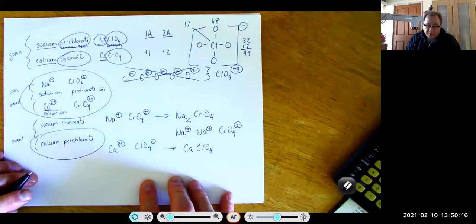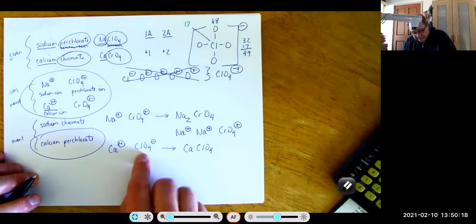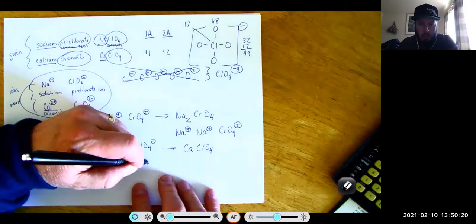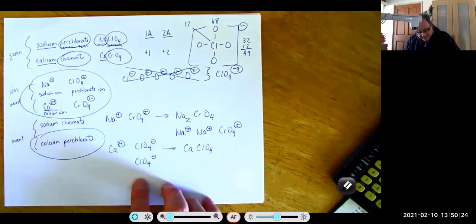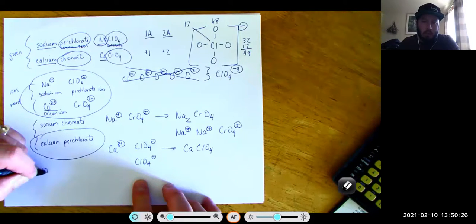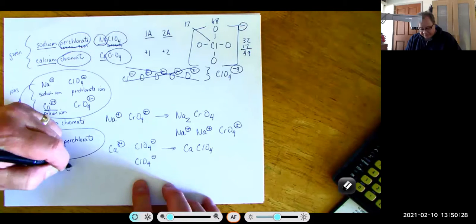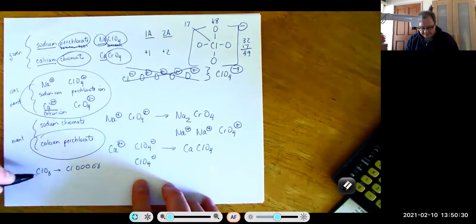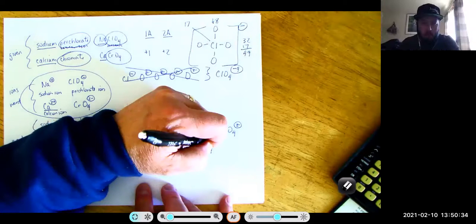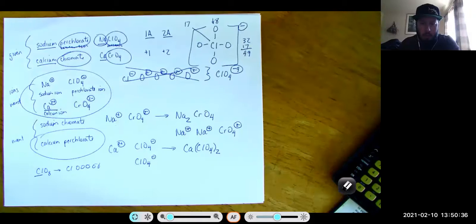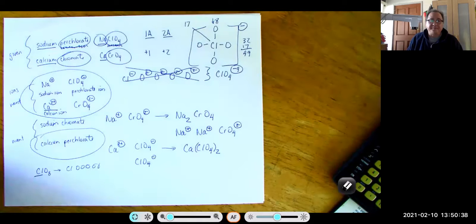But I want two of these. ClO8. Nope. If I write ClO8, that means 8 oxygens and only 1 chlorine. So here's the trick. Parentheses. The parentheses.